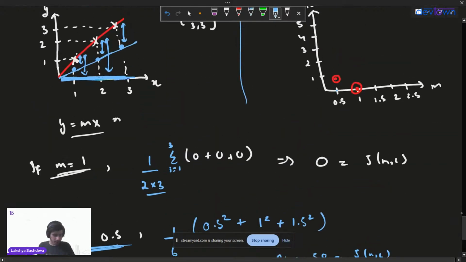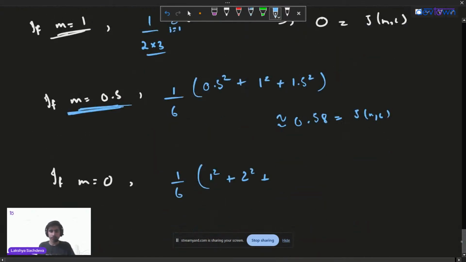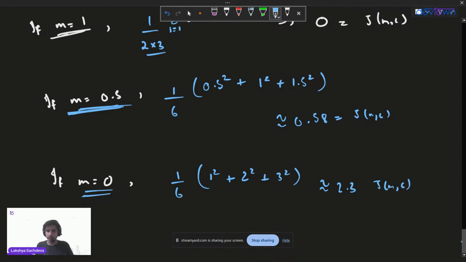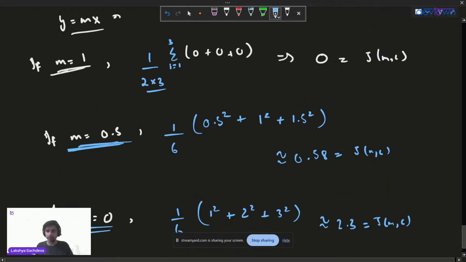For the next case, the error is 3, so I will take 3 square. If I calculate this, it will be approximately equal to 2.3. So if my value of m is 0, my J(m, c) will be 2.3.